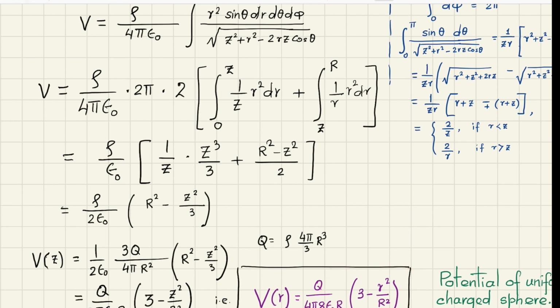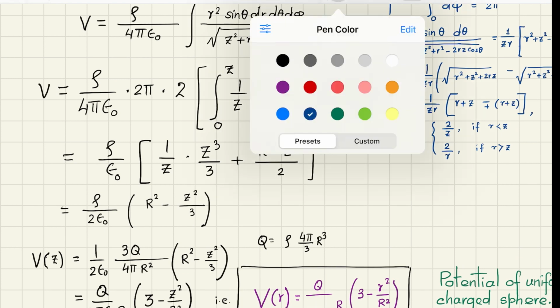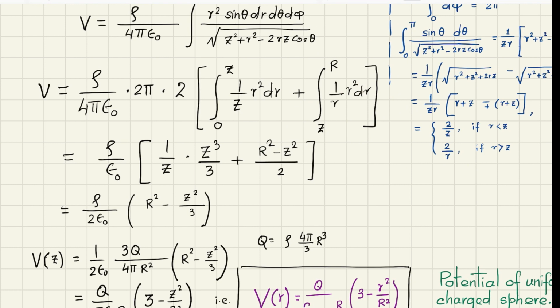So q by 8 pi, there is a mistake here. Let me correct this mistake. While writing, this is q by 8 pi epsilon naught r, times 3 minus z square by r square.